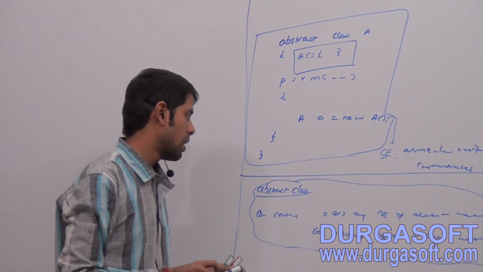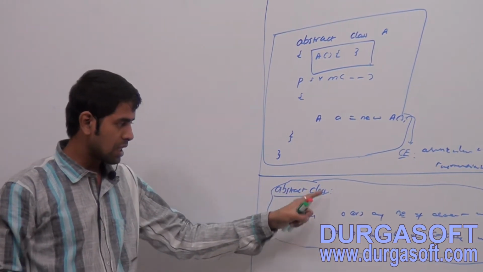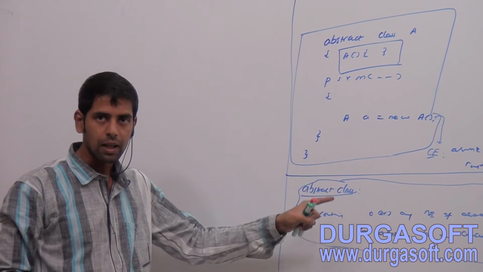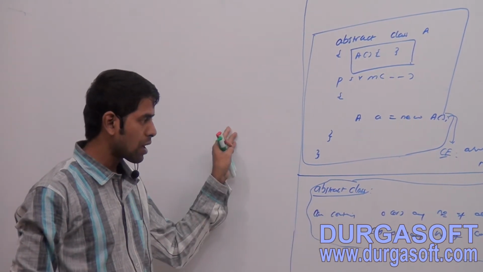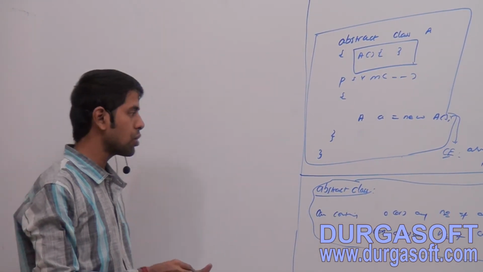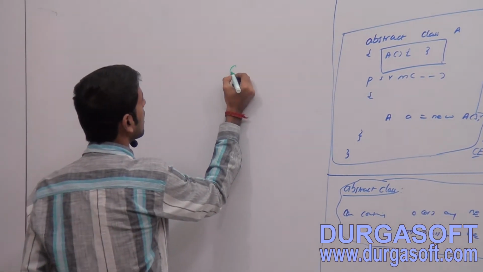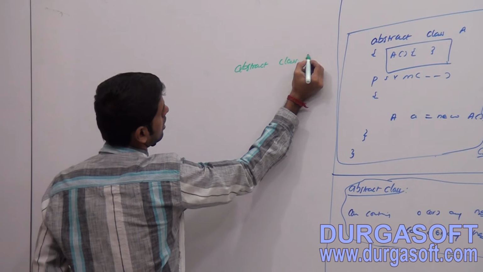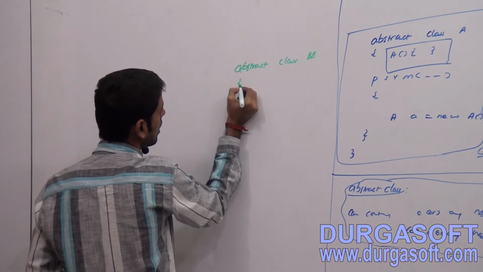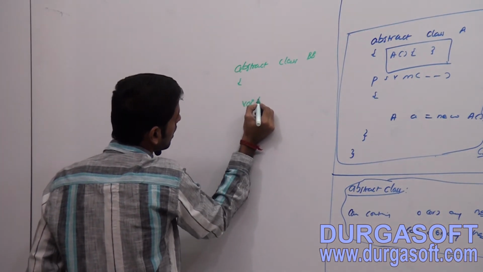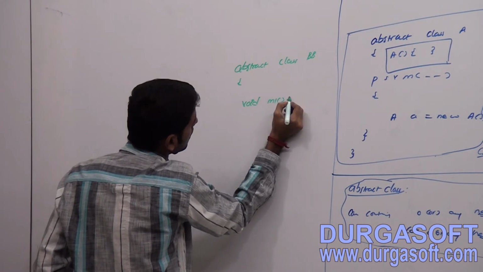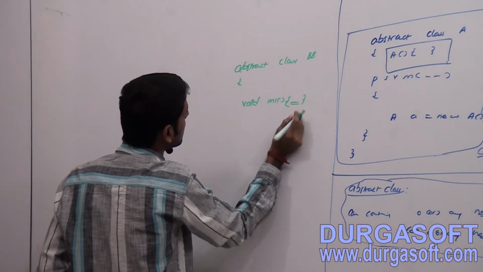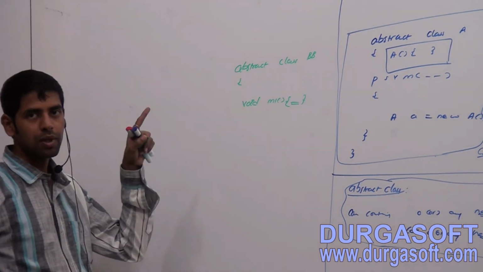Based on this technical definition, I am going to write three classes. Abstract class B. Void M1 method, which is a concrete method having implementation.